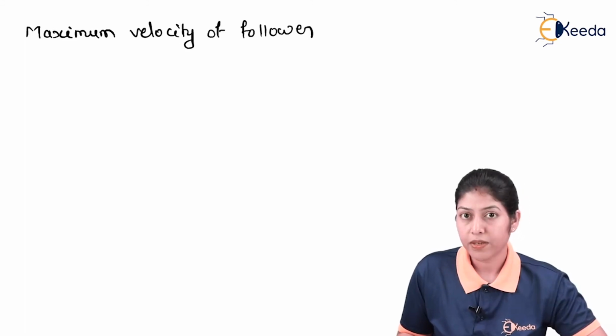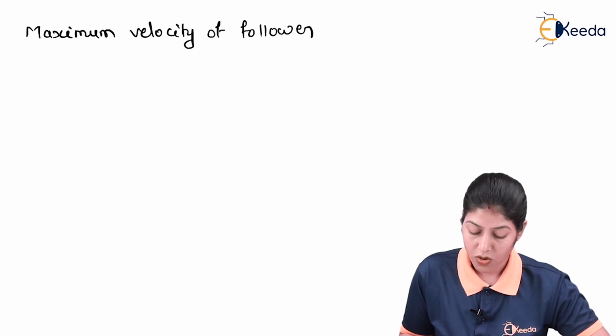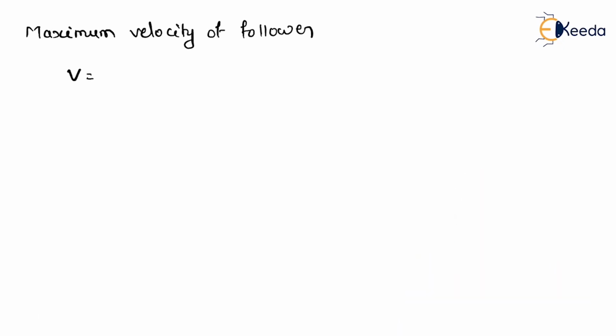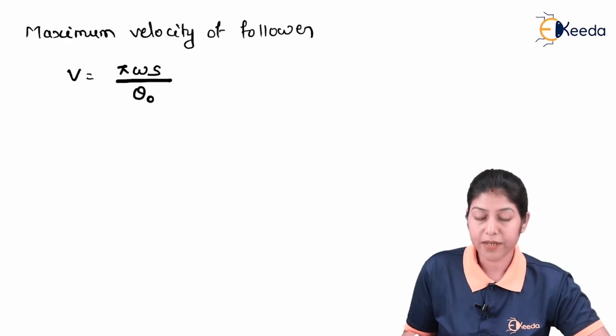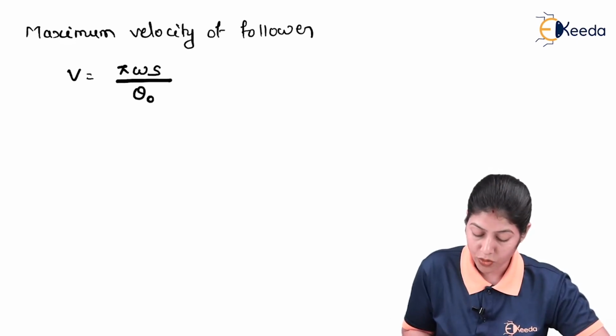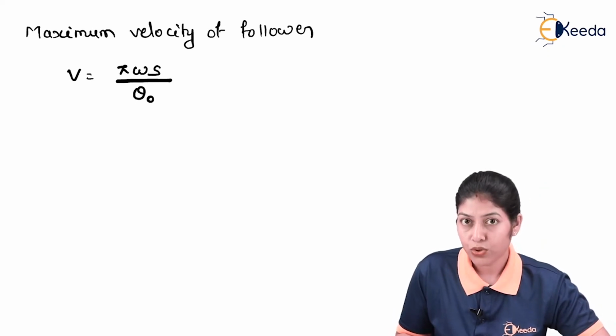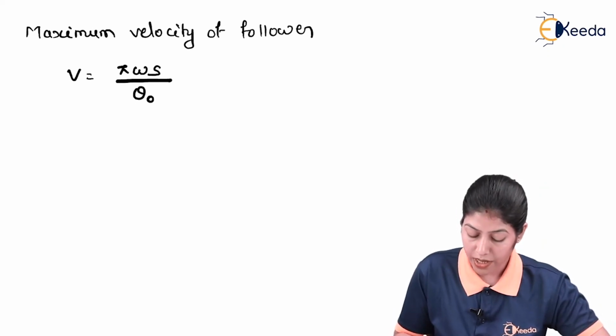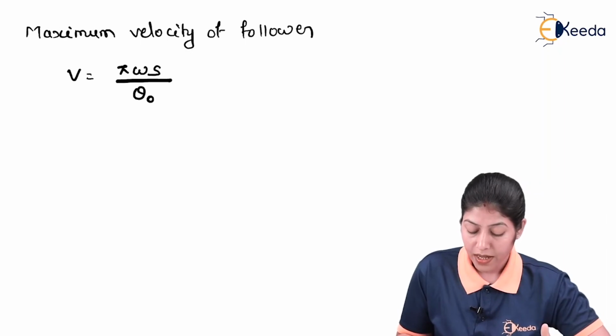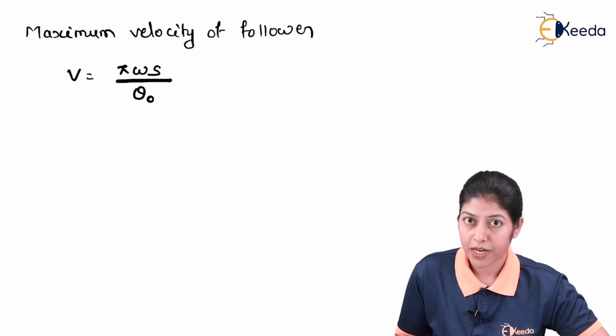If we want to determine the maximum velocity of the follower, it is represented by this equation, pi omega s by theta naught, and theta naught is representing the outstroke of the cam or angular displacement of the cam when the follower is moving in upward direction.